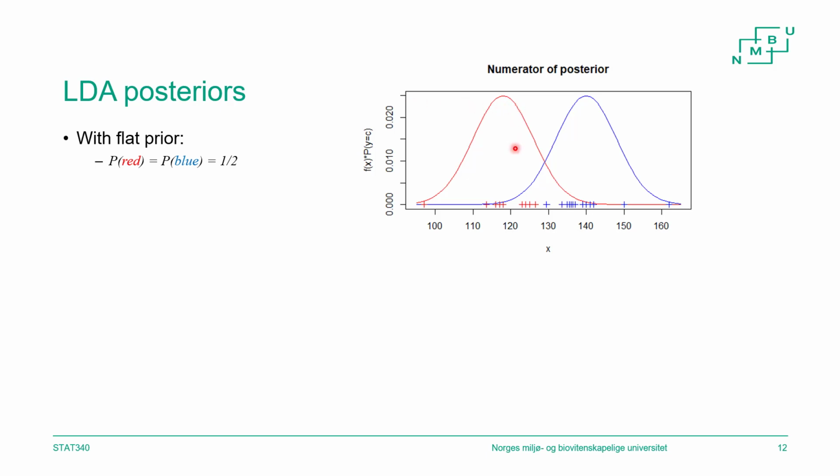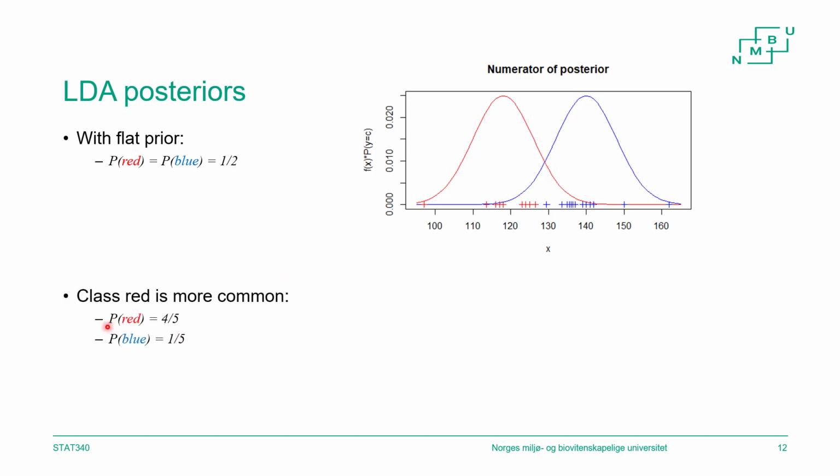So then you would classify to the red. But if you go in here at 140, okay, now the probability of red is very small, but probability of blue is very big. So now you will classify to the blue. And then you can see here, exactly here, they are equal, right? So here you cross the decision border. So if you are to the right here, then blue wins. To the left here, red wins. That's the Bayes rule.